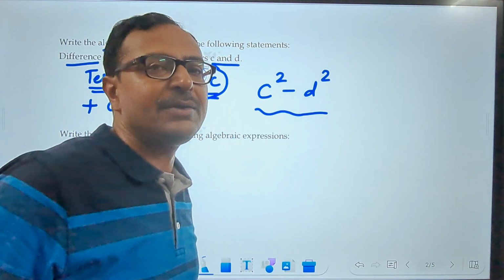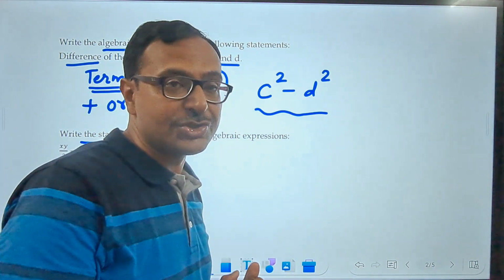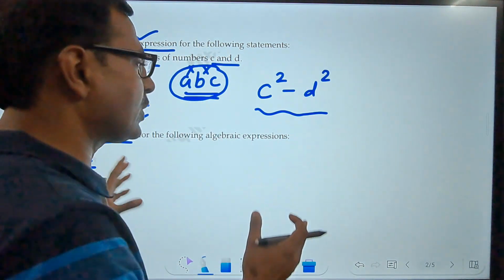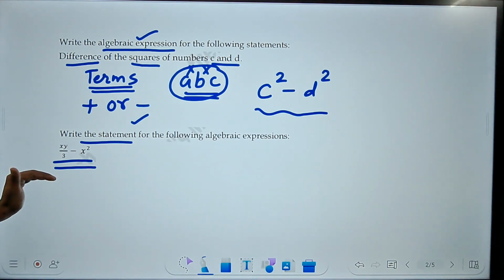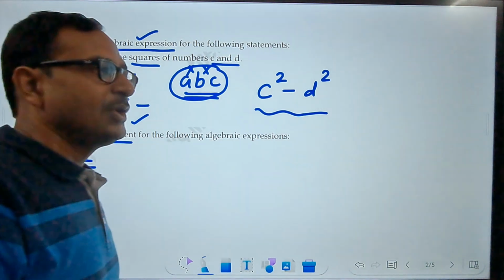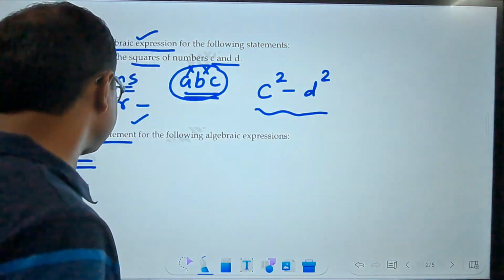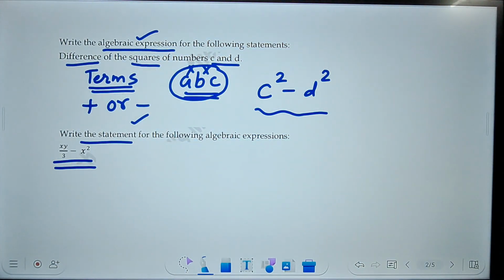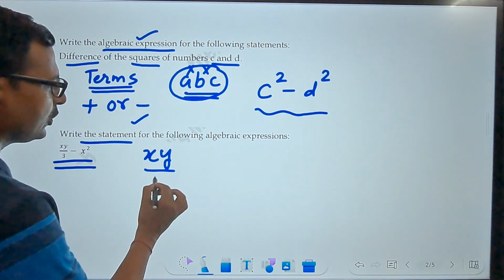Although every student will write it in a different manner, the meaning should not change. The statement which you write should represent this algebraic expression xy upon 3 minus x square. You cannot make a change which represents something different. If you write xy upon 3 first, how do you write that?